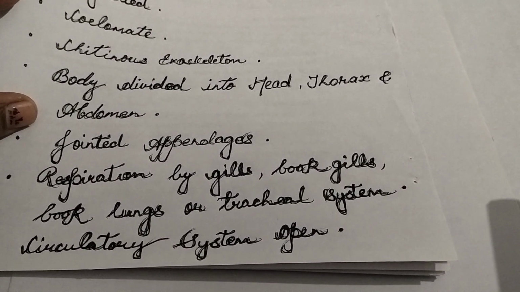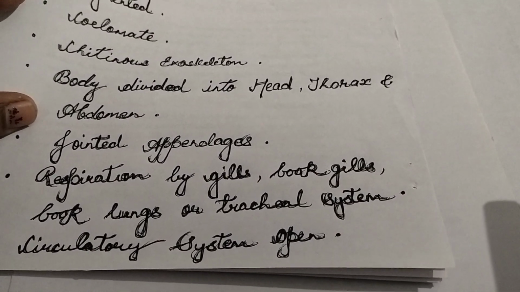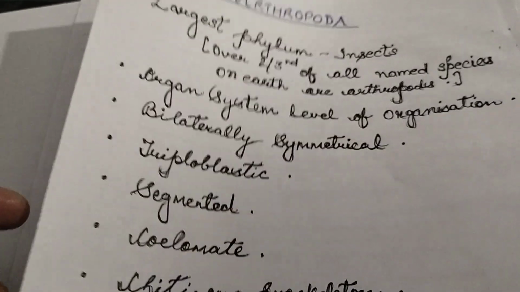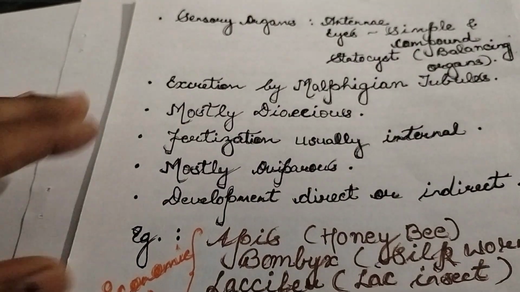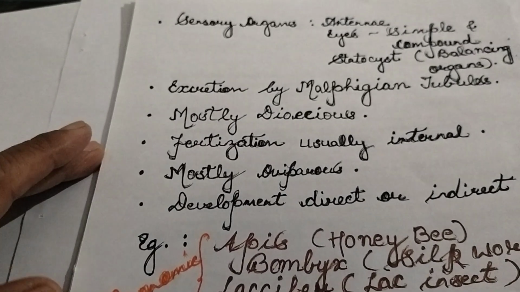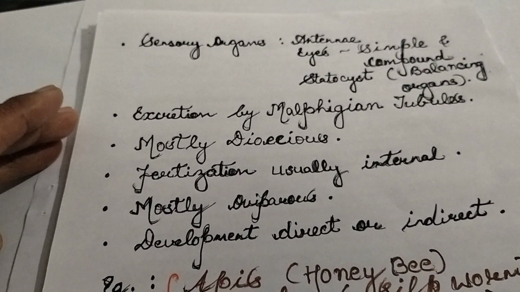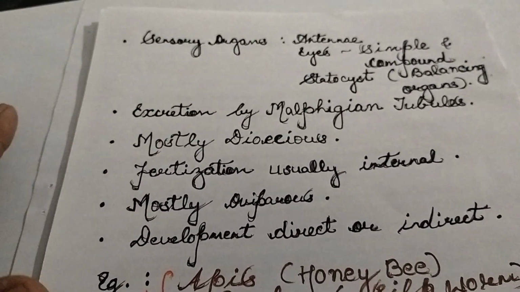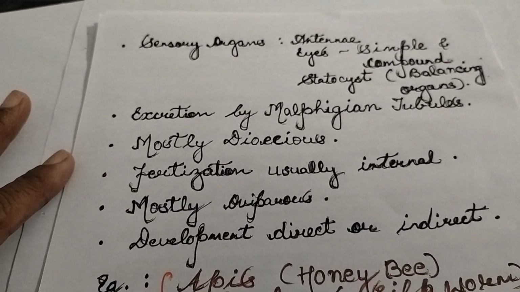Next, circulatory system is open. Remember, it is not enclosed in vessels. It's open. Next character, their sensory organs are antennae. Arthropods have antennae on their anterior surface.